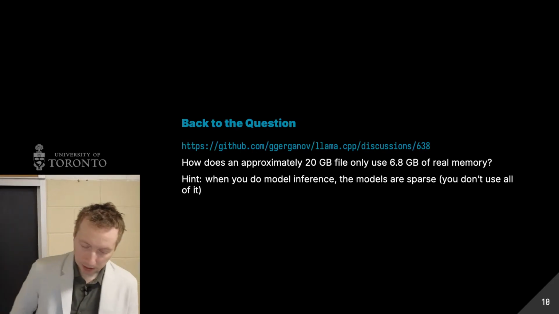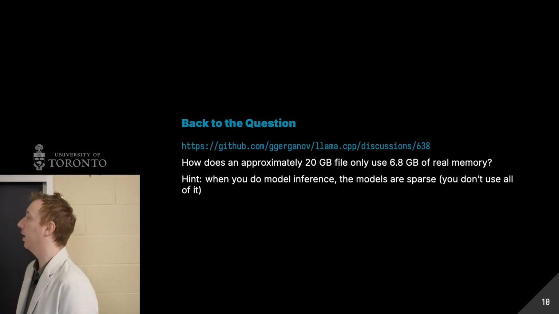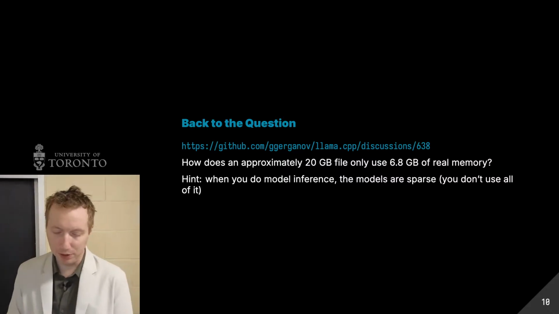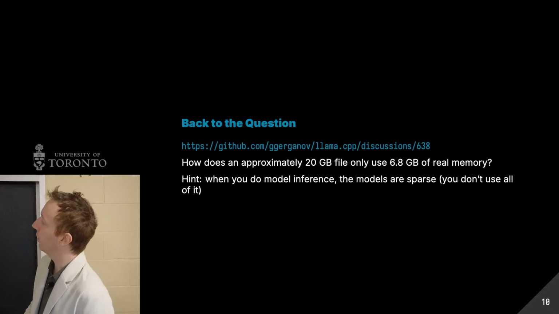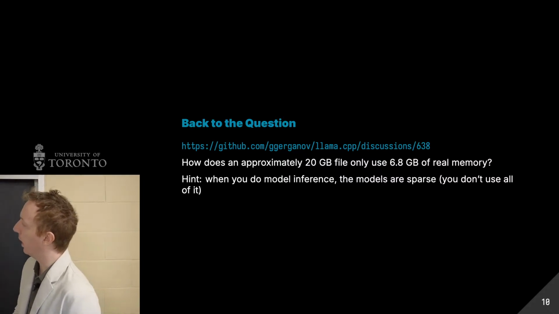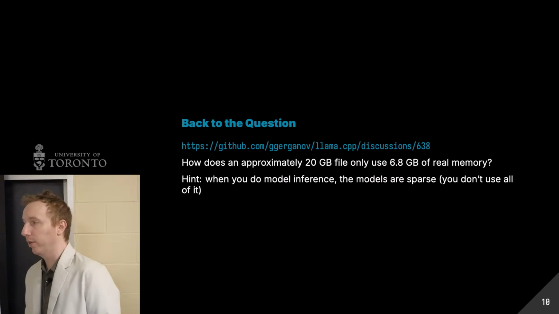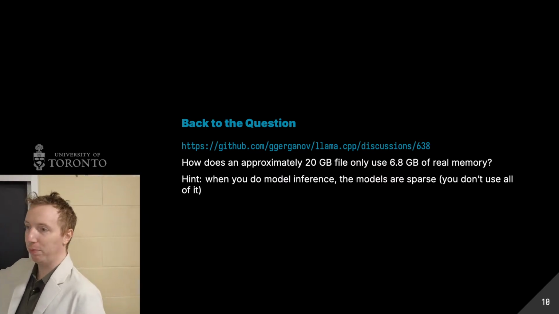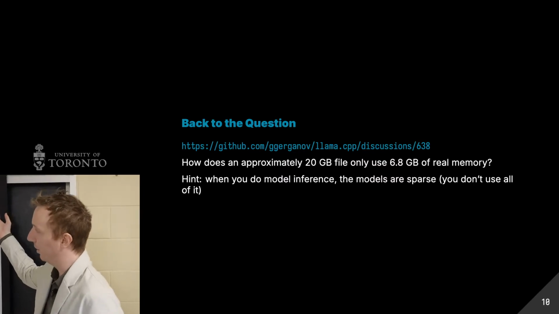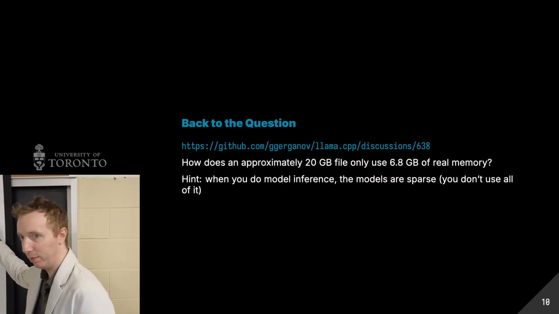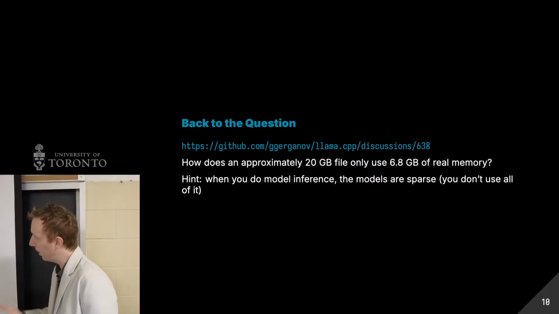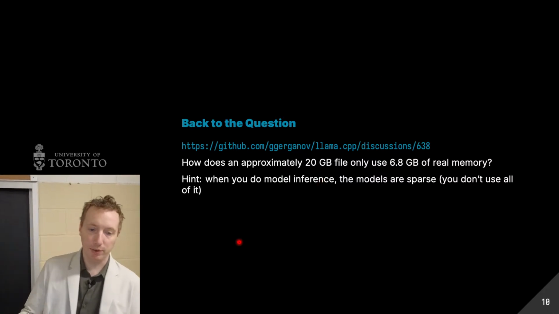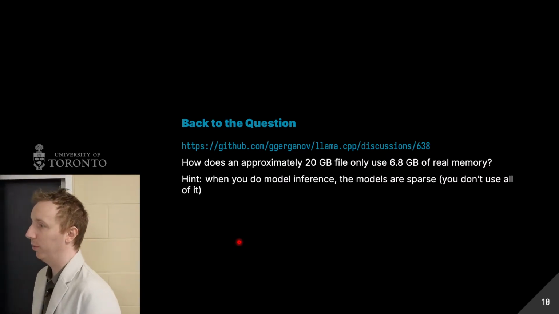So back to the question, how can I use a 20 gigabyte model and only use 6.8 gigs of real memory? Everyone was really confused because they were like, hey, to load the model into memory, I have to read a 20 gigabyte file. But when you do model inference, when you use the model, it's sparse, so you don't use all of it.